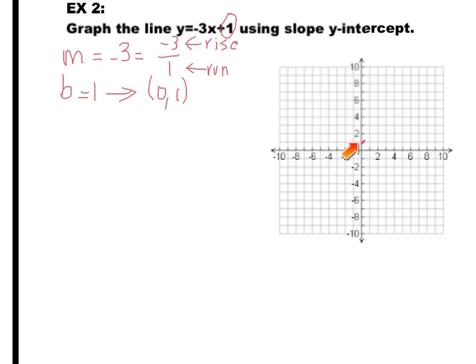Since rise is negative 3, we are going to go down 3 units. 1, 2, 3. And since run is 1, we are going to go to the right 1 unit, and we're going to end up at this point. So we are going to plot a point here, and the last thing you're going to do is draw a line going through these 2 points. As you can see, the line in blue is drawn going through the 2 points.